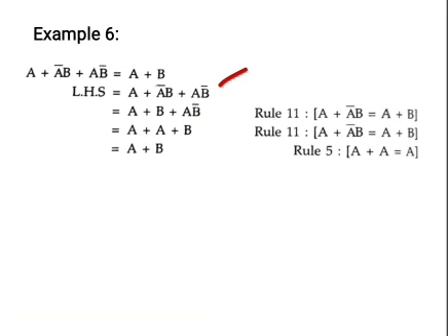So A plus A B complement is equal to A plus B. So therefore A plus AB complement equals A plus B. You know, once again, rule number 11, A plus A complement B equals A plus B.